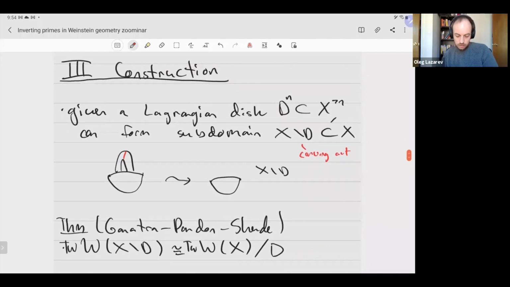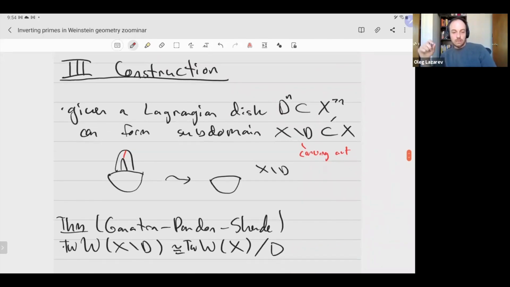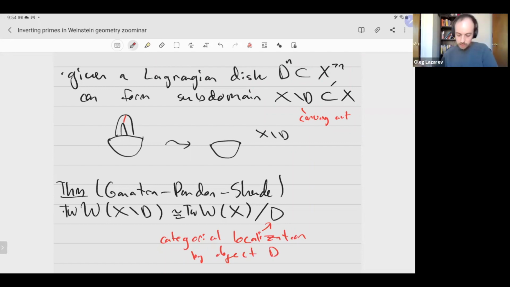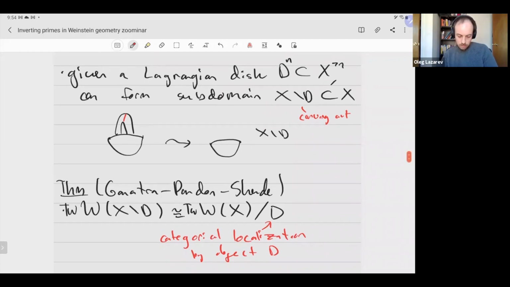And there's a result of Ganatra, Pardon, and Shende, which is that if you look at the Fukaya category of the subdomain, where you've carved out the disk D, that's actually equivalent to the Fukaya category of X, where you do this categorical localization by the object D. Because remember, D is a Lagrangian cocore, it's an object of the Fukaya category.